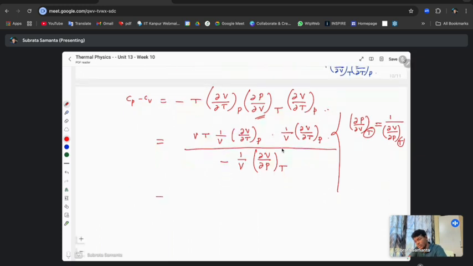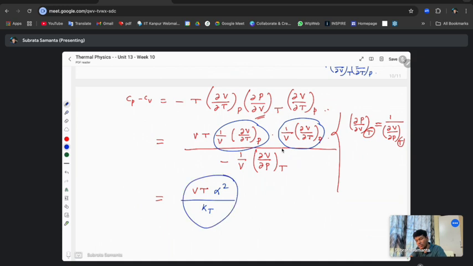So this is basically V times T, and this 1 over V del V del T at P is basically your alpha, the volume expansivity, squared, because the same thing is here, divided by minus 1 over V del V del P at T, which is basically Kt.